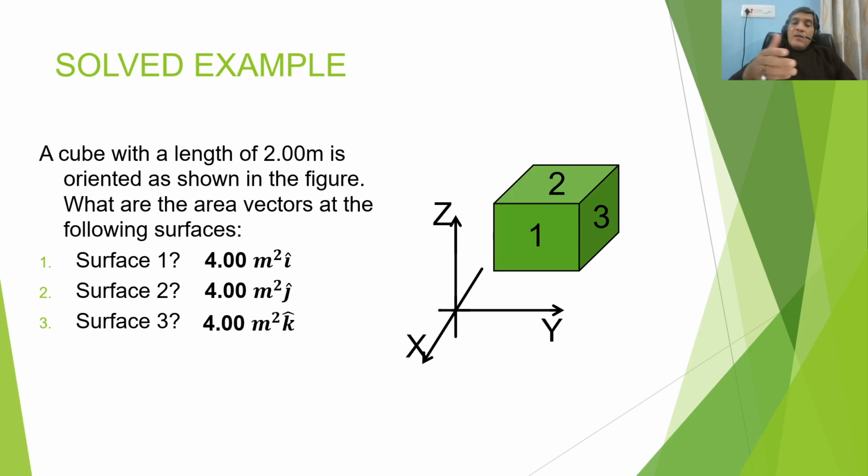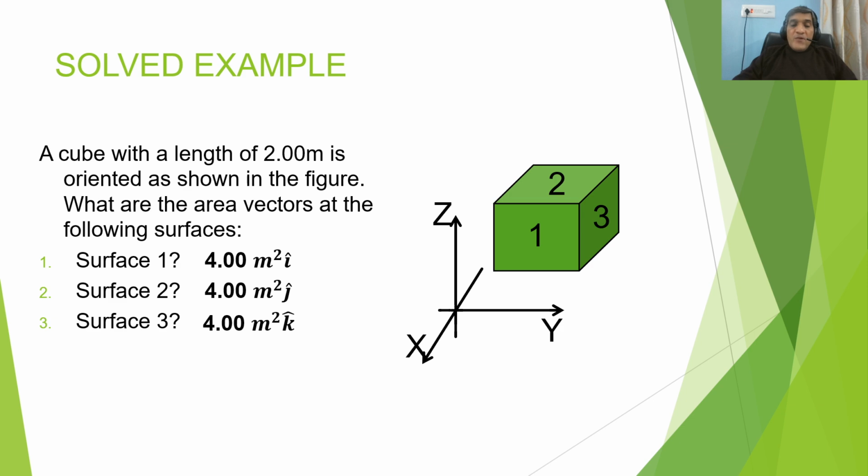It is an example. We may have an x direction, we may have a y direction, but the direction is always perpendicular to that particular surface. So for surface 3, the direction as per our figure is the y direction, and the unit vector is j.